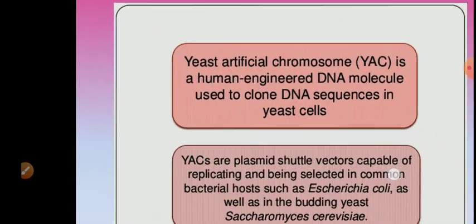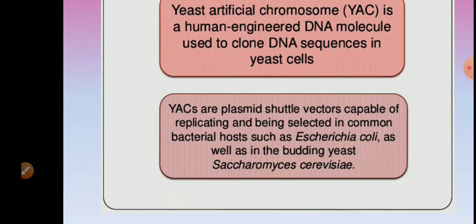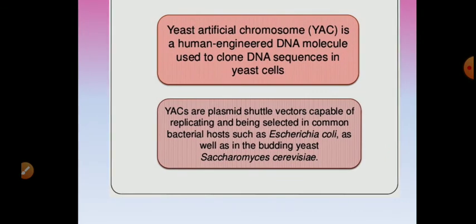The yeast artificial chromosome is a human engineered DNA molecule used to clone DNA sequences in yeast cells. YACs are plasmid shuttle vectors capable of replicating and being selected in common bacterial hosts like E. coli as well as in the budding yeast, Saccharomyces cerevisiae.